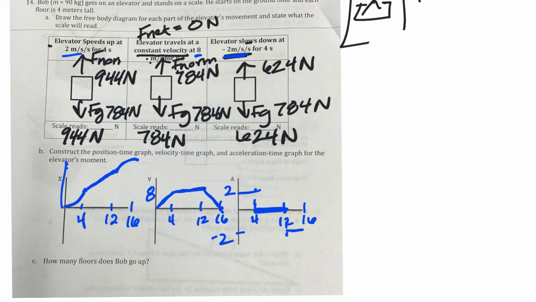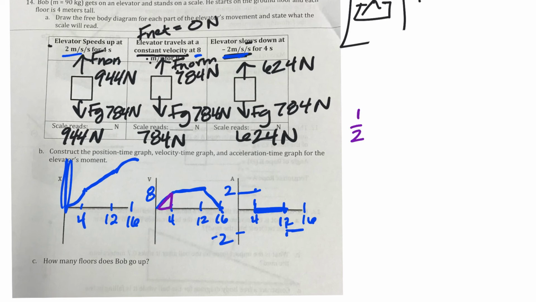To come back here, to fill in this y-axis here, we can get these numbers by doing the area on our velocity graph. So we're going to take this velocity graph here and find the area for each section. So for the first 4 seconds here, we get this triangle.